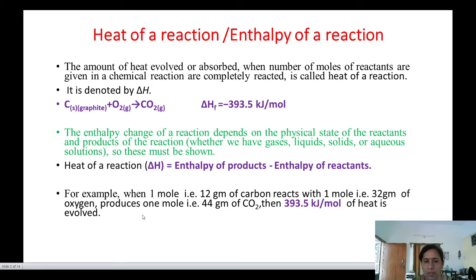It produces 1 mole of CO2. Carbon is 12, oxygen is 16, 16 into 2 equals 32, plus 12, that is 44 gram of CO2. Then 393.5 kilojoule of heat is evolved.